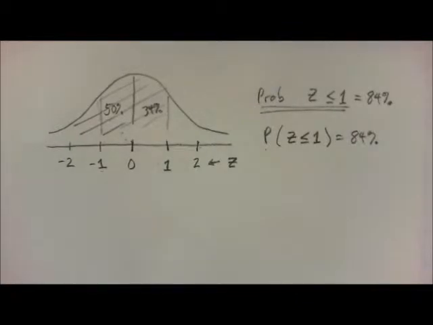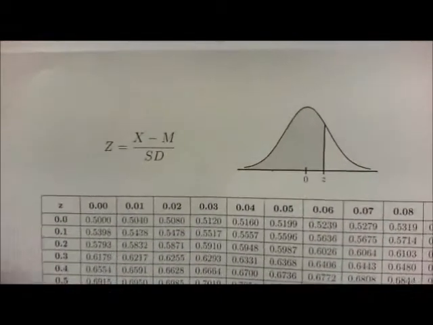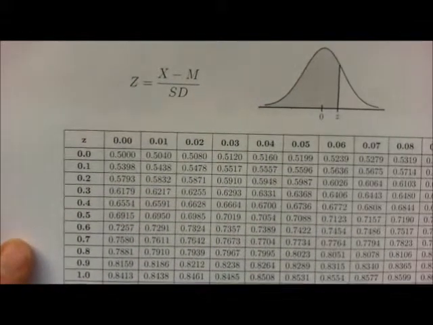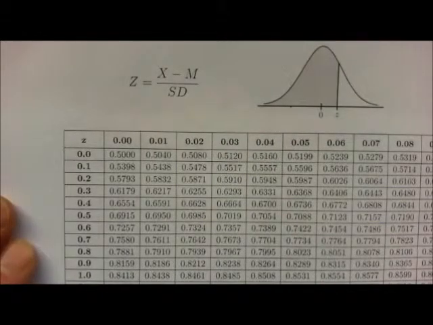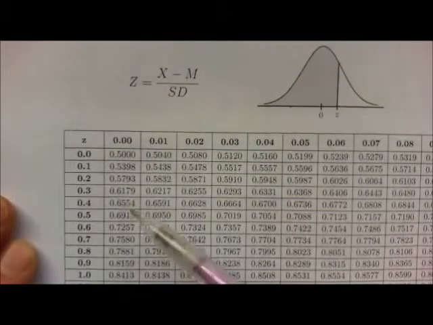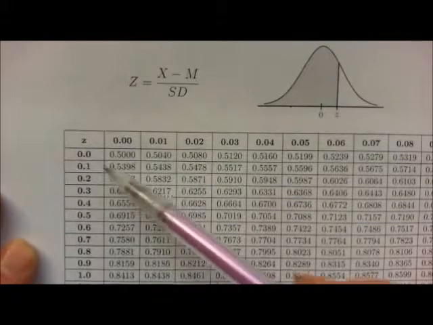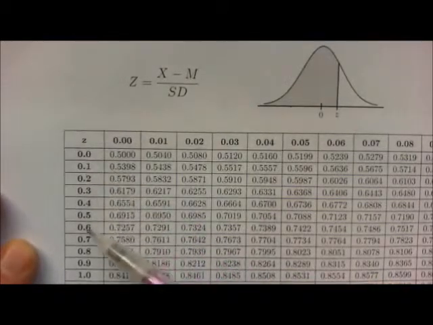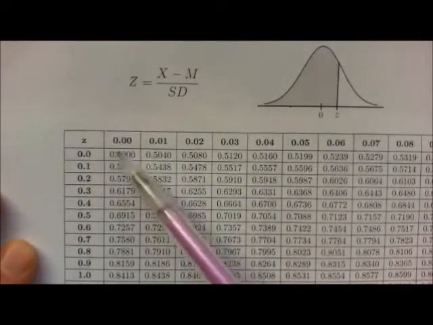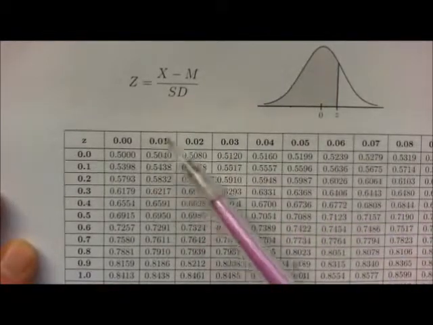The table is going to come in two parts. We have one part that looks like this, and this part is what we use if we have z-scores that are greater than 0. So the z's are found over here on the left and across here on the top.